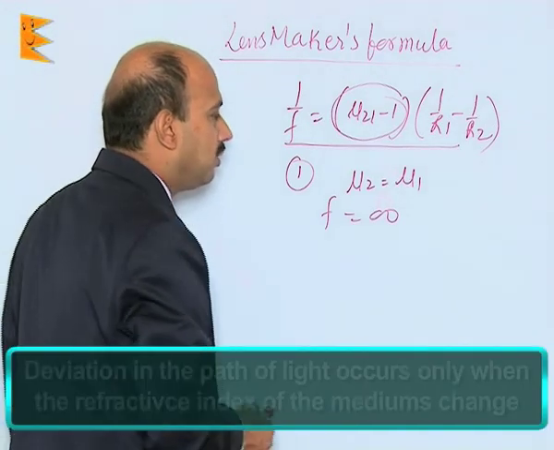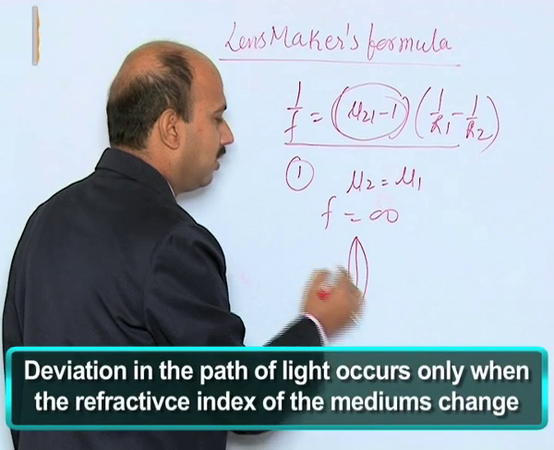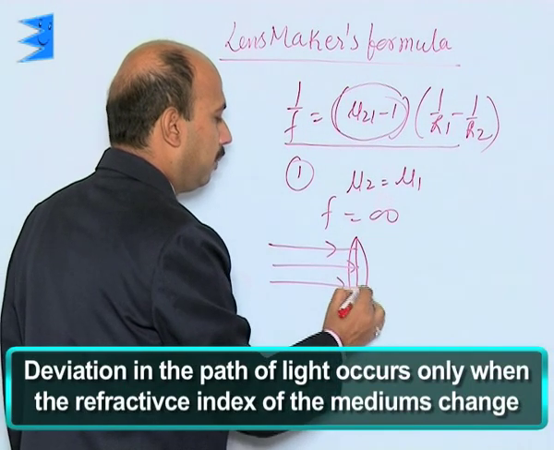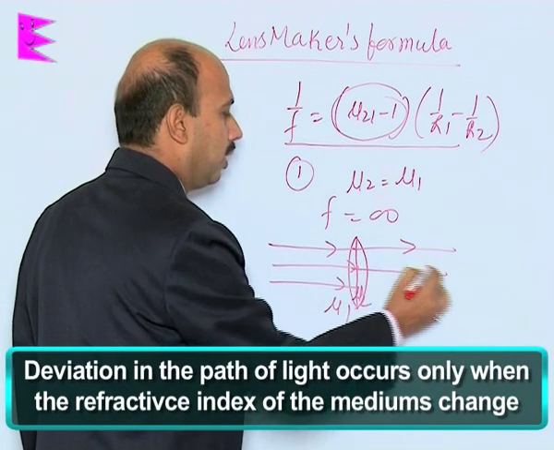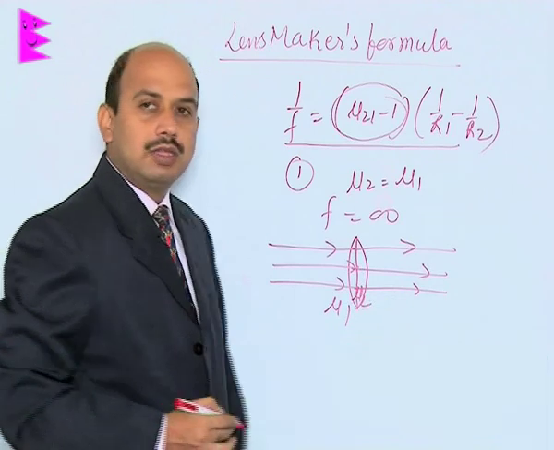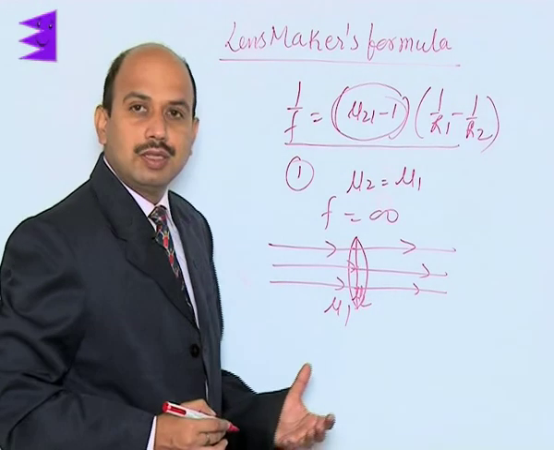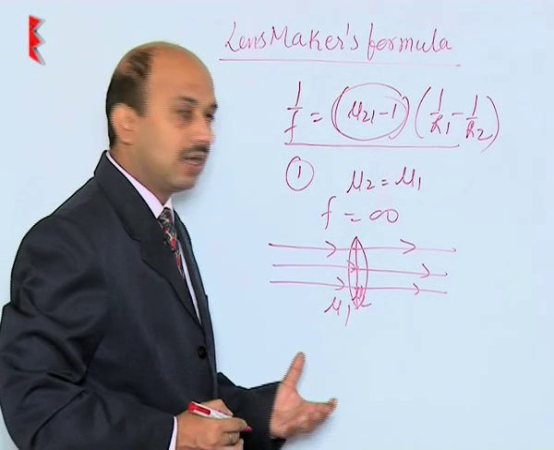If the focal length is infinite, then you know what happens. If it is a convex lens and the rays are falling like this, and this is mu 2 and this is mu 1, these rays will go parallel to this. There is no deviation in these rays because no refraction is actually taking place; the glass is simply acting like a glass sheet.